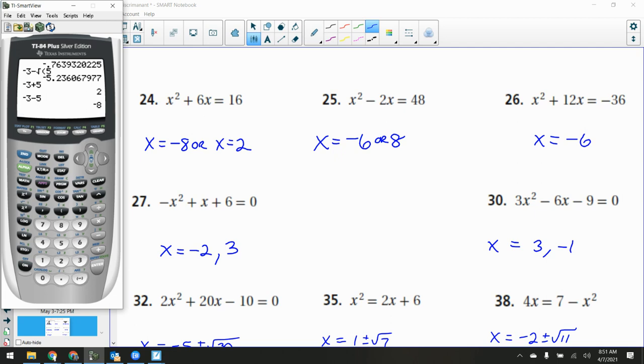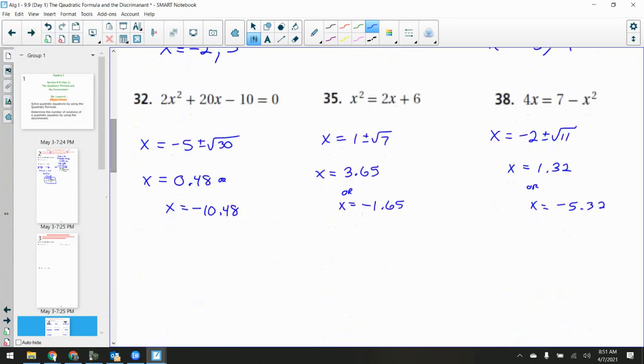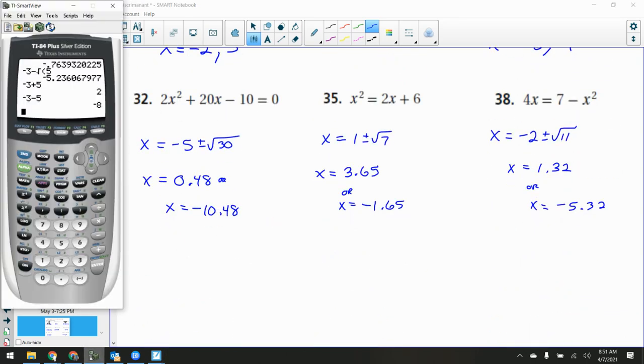And now I subtract the 5 over to the other side. Negative 5 plus or minus the square root of 30. That's why I see my answer here is that. And then when I go to my calculator, I can get negative 5 plus the square root of 30, and then negative 5 minus the square root of 30. That's where I get those two answers. Make sense?